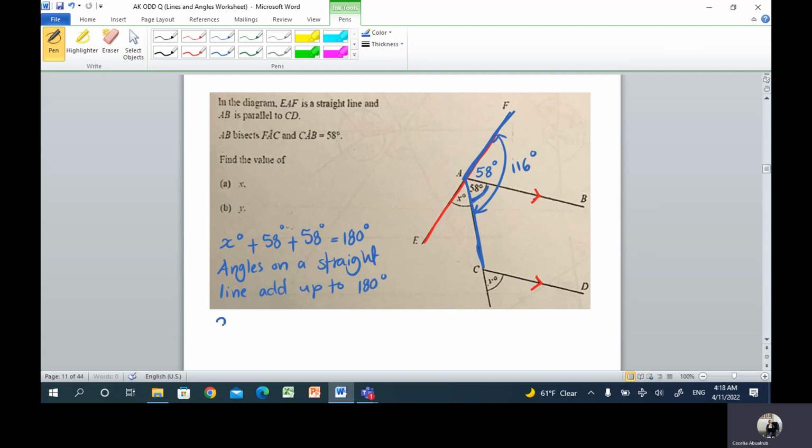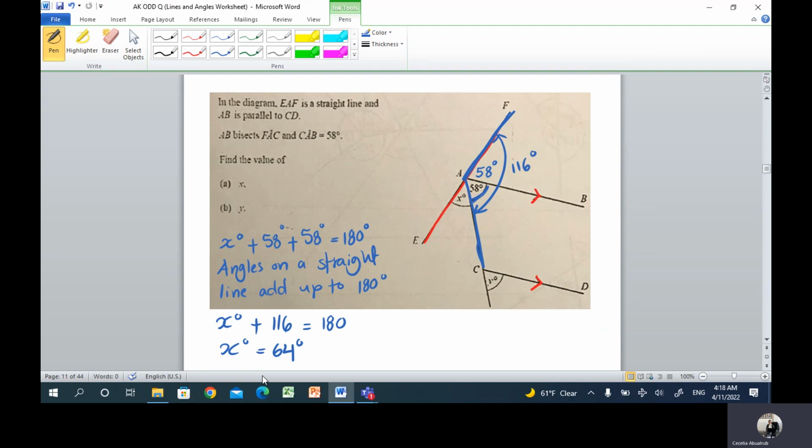Now, if you simplify, X plus 58 plus 58 is 116, is equal to 180. So X is equal to 180 minus 116. So X is equal to 64 degrees.